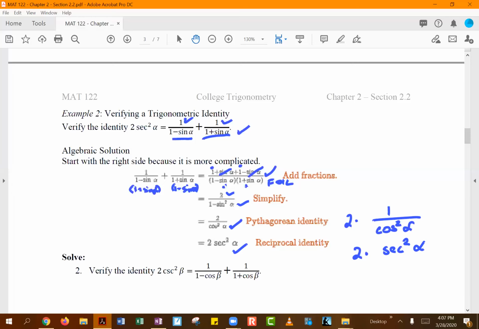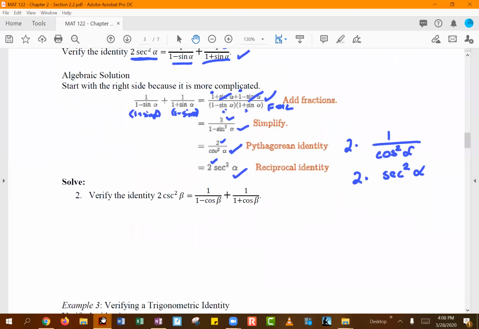This 2 is basically the same 2 that you have from the numerator, and then 1 over cosine square alpha ends up becoming secant square alpha. And of course, that now matches the left-hand side of the identity, and we have again verified that the left-hand side is equal to the right-hand side.